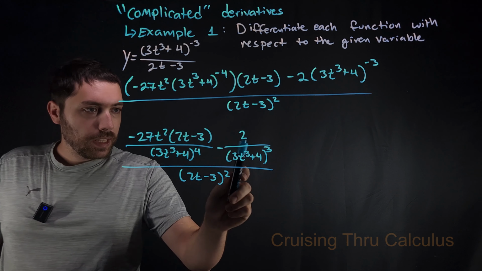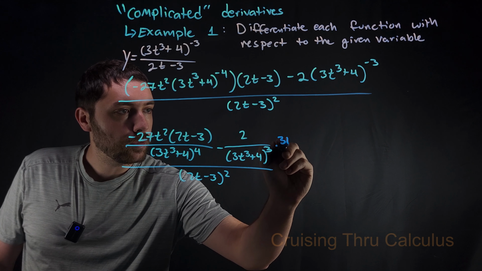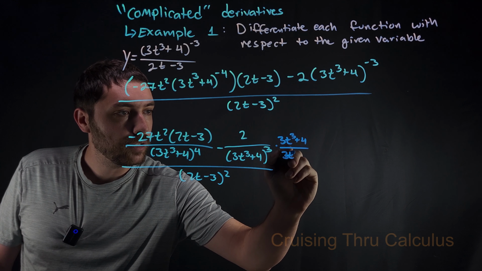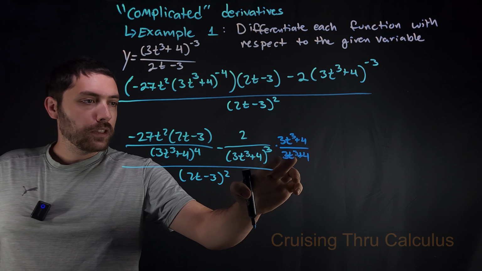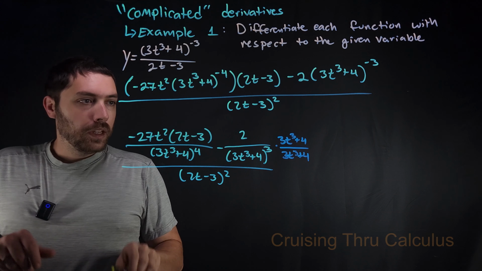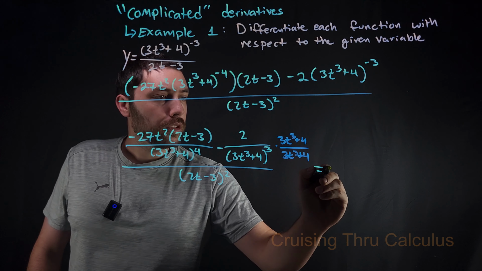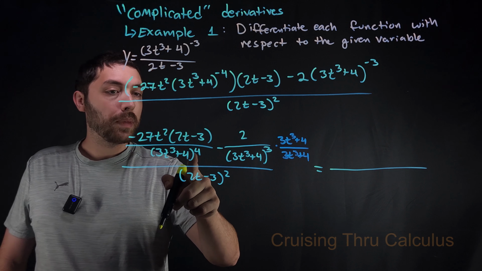Okay, now, if you look up here, these almost have the same denominator. In fact, if I take this piece over here and multiply it by 3t cubed plus 4 over 3t cubed plus 4, that will get us the same denominators, because the bases are the same and I can add the exponents to get 4. So let's see what happens when I do that. The denominator is going to be the same, 3t cubed plus 4 to the power of 4.